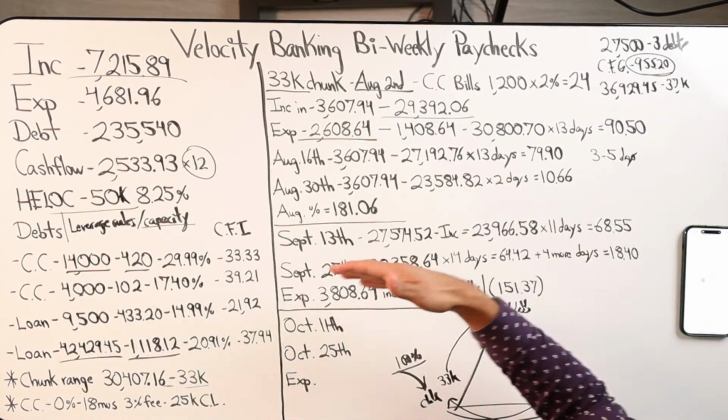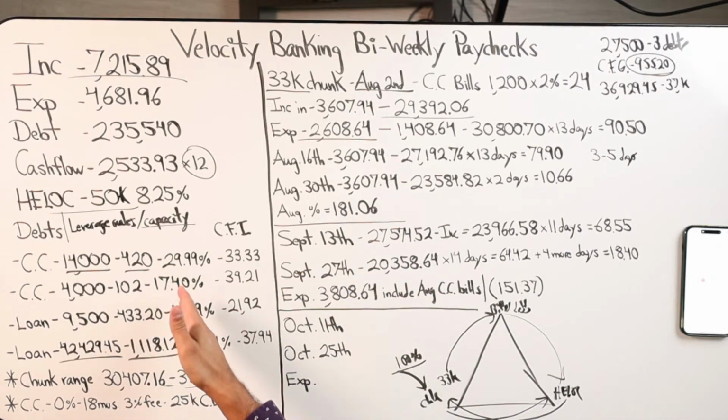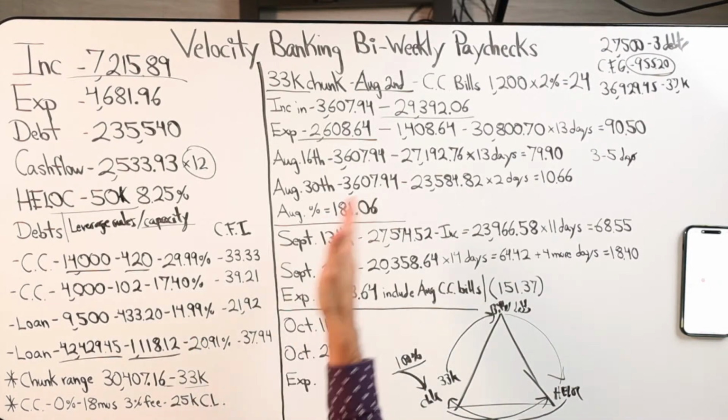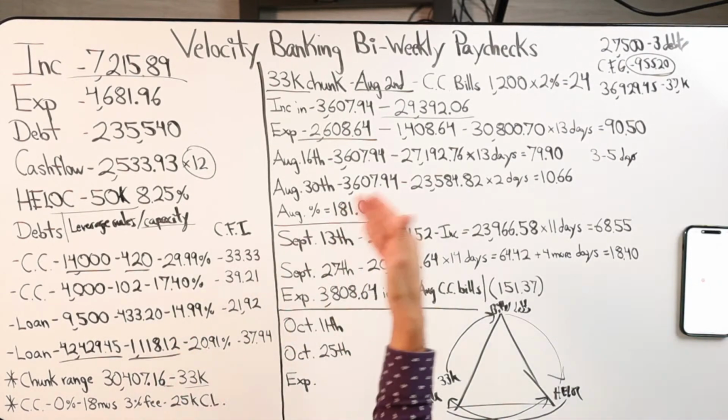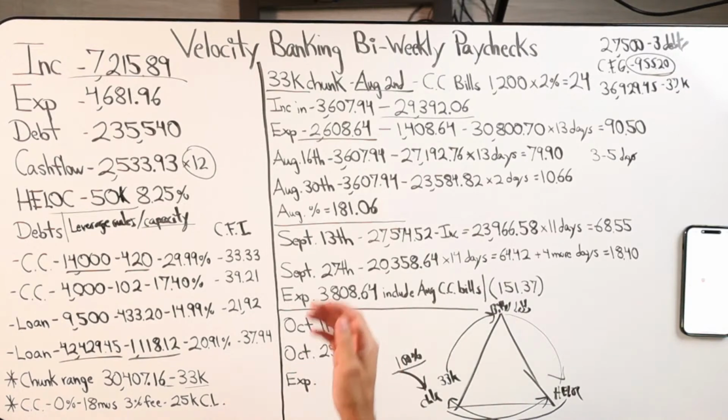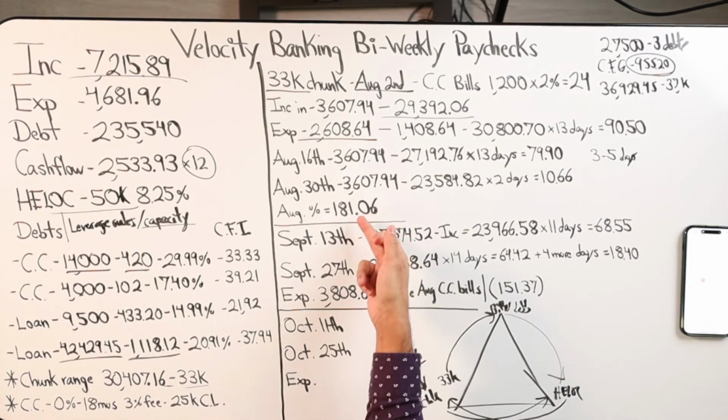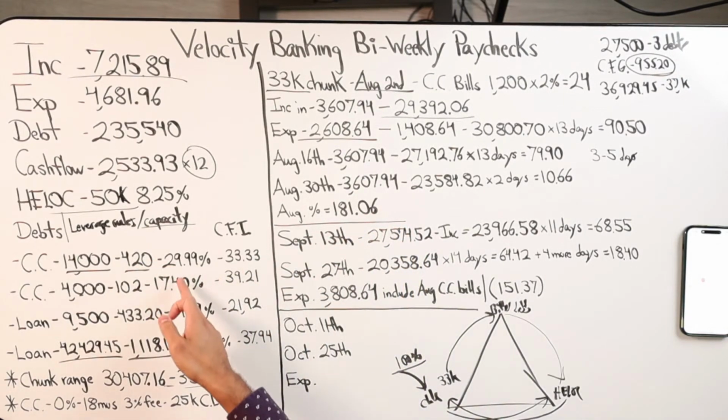I'm paying interest I was already going to pay over here at 29.99, at 17.4, at 14.99, at 20.91. It's the same interest. It's just now way less. 181.06 is probably in that 420 alone, right?